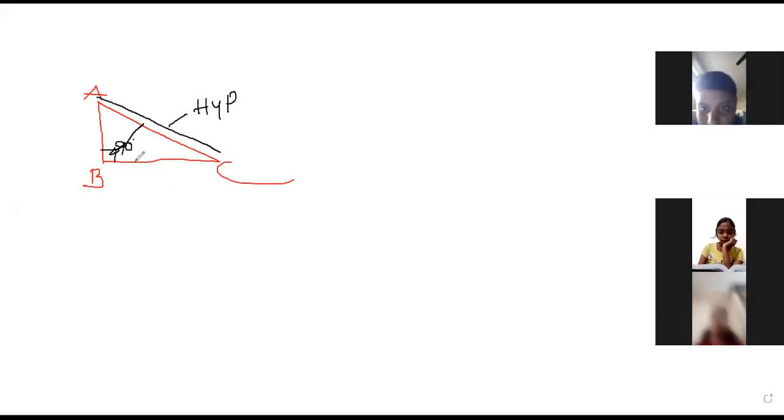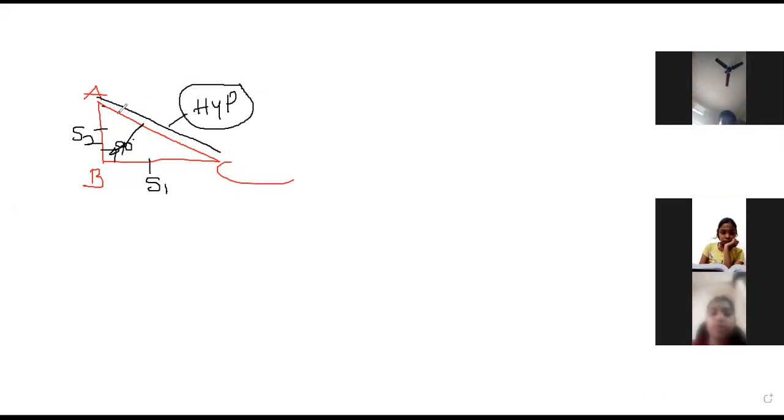The remaining sides are side number 1 and side number 2. This one has a different name because it is a slant, inclined line. That's why its name is hypotenuse.